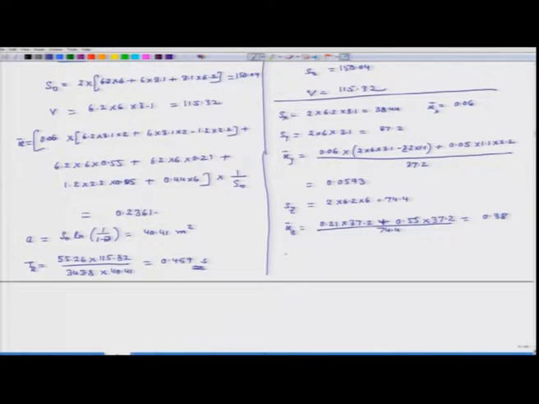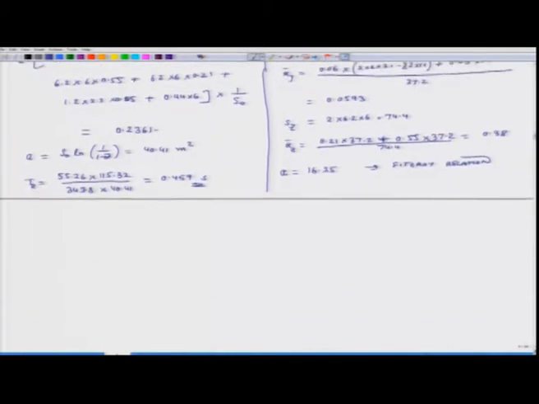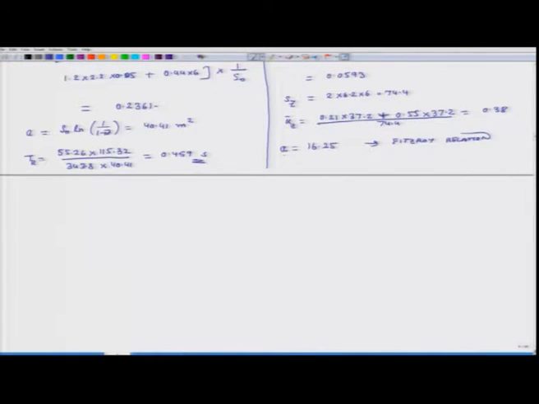Okay. So, if I use the Fitzroy's relation, I get A equal to 16.25. I have just plugged in all these values and I get A, but we have still not accounted for the role of people.